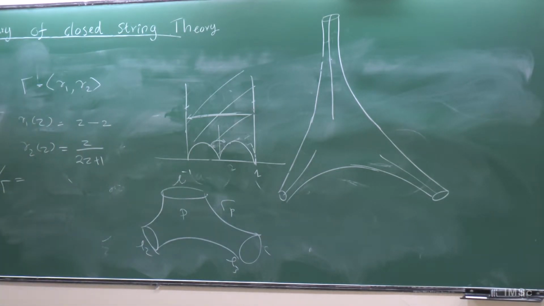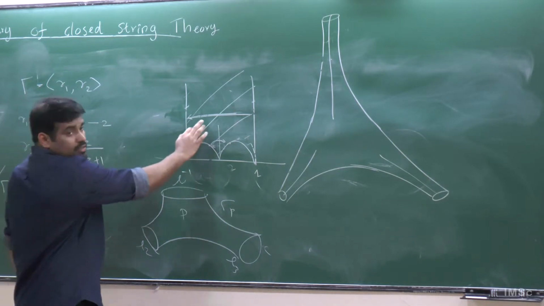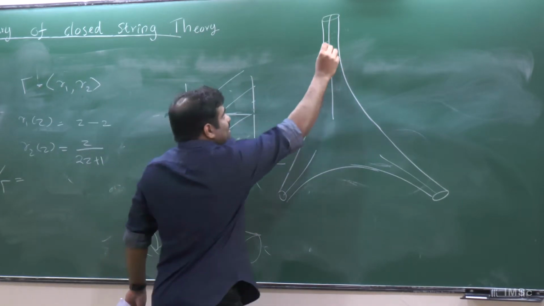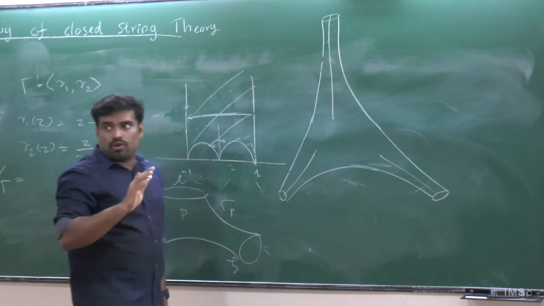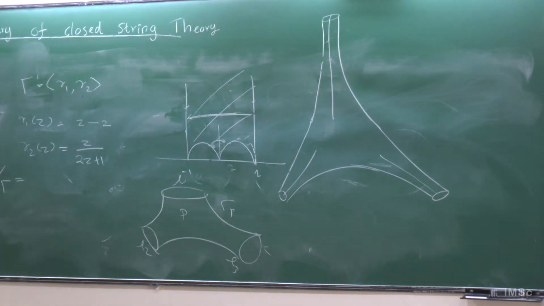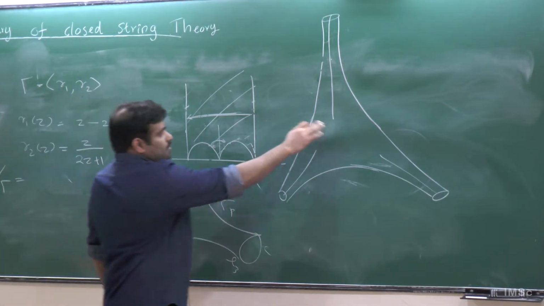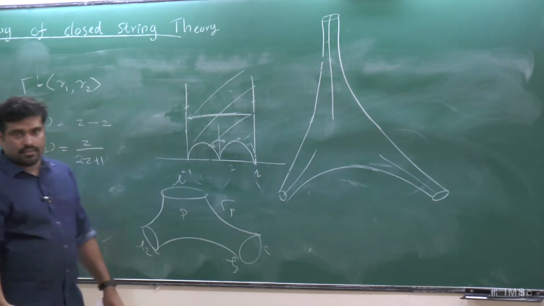There, you can calculate the lengths of these circles also, right? Here in the first example, you will see that there is no non-trivial geodesic on the thrice punctured sphere that has finite length.